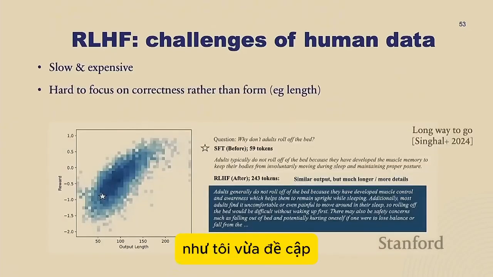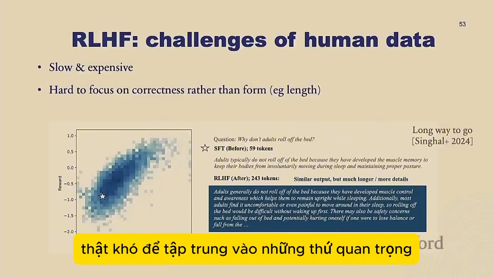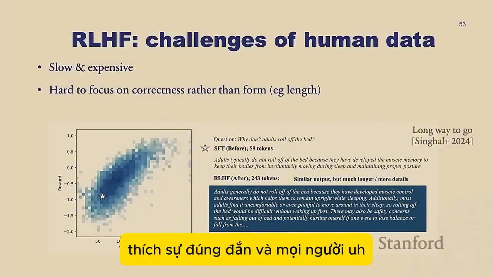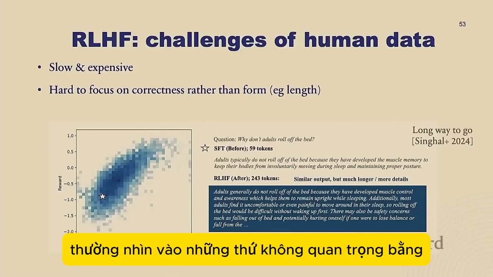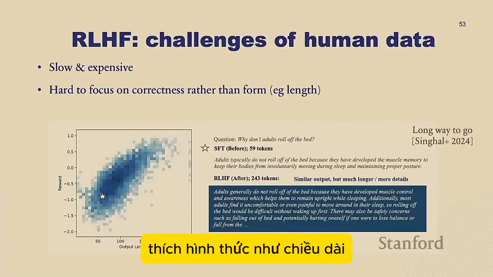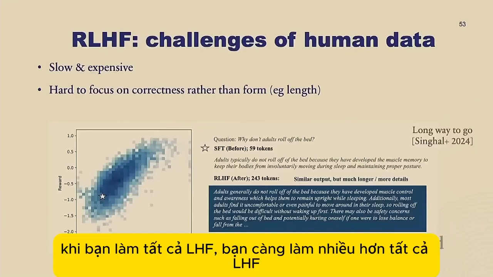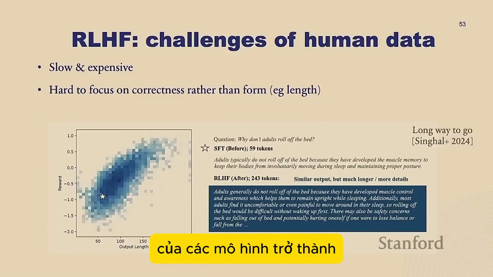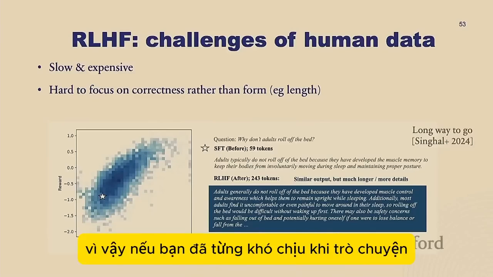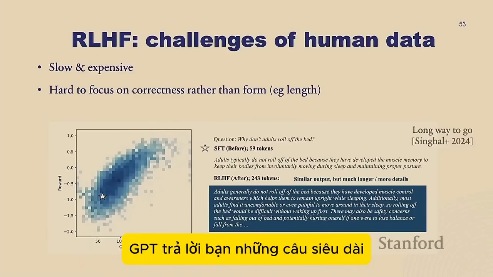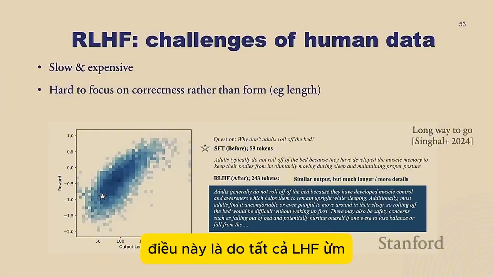Second, as I just mentioned, it's hard to focus on things that matter, like correctness. People usually look at things that don't matter as much, like the form, like length. And as a result, what I show here is that the more you do RLHF, the longer the outputs of the models become. So if you've ever been annoyed at ChatGPT answering you with super long sentences, this is because of RLHF.